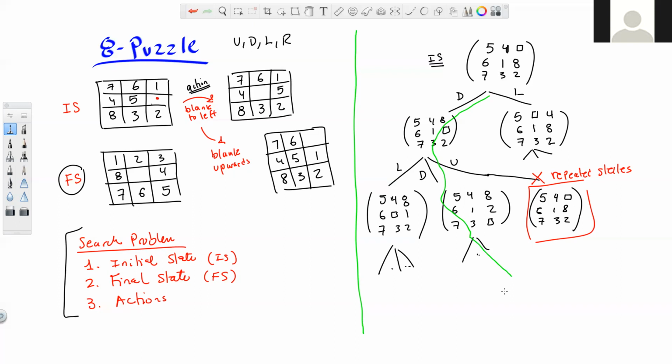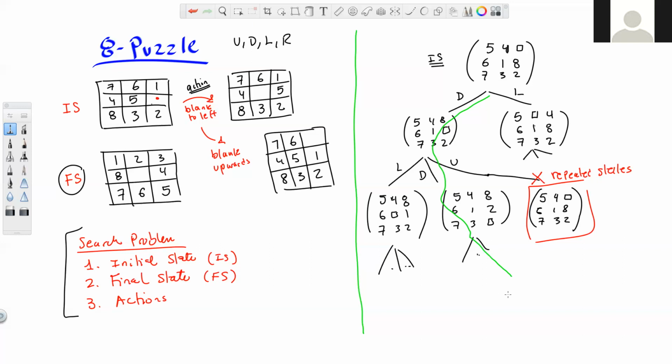Okay, the other thing is, if you generate these repeated states, some of these paths will be infinite, right? Because you will keep going. So some of the paths will be infinite in general. And also, some of these paths will contain the final state somewhere, and some will not.